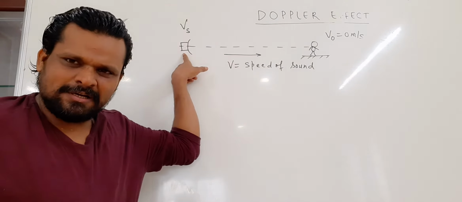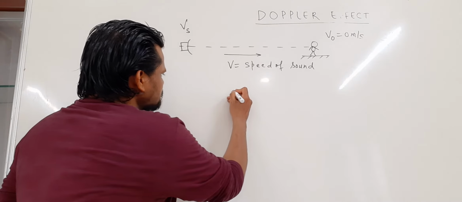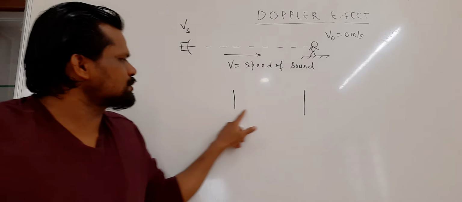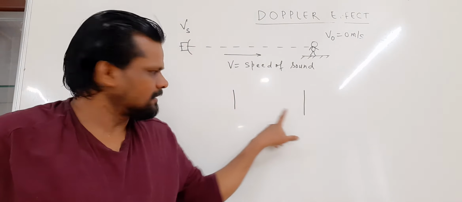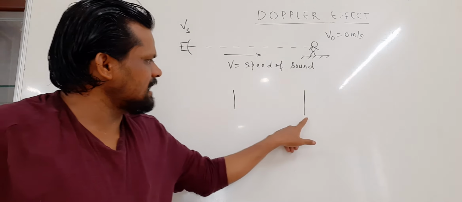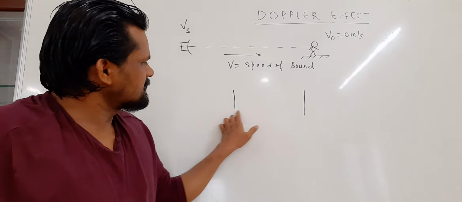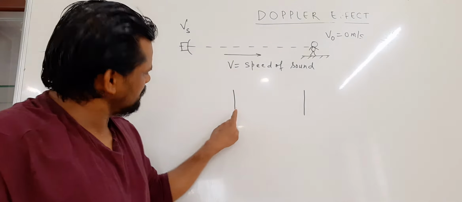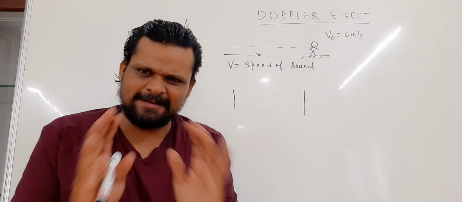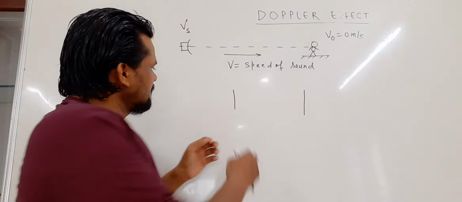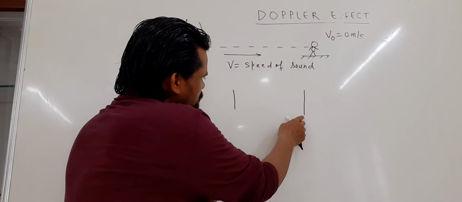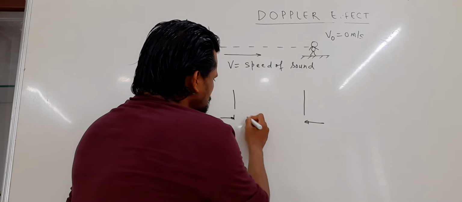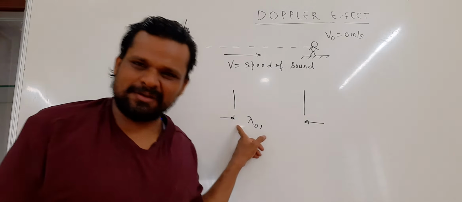This is the speaker. Suppose these two points have the same pressure, the closest points having the same pressure. This distance is called lambda naught.